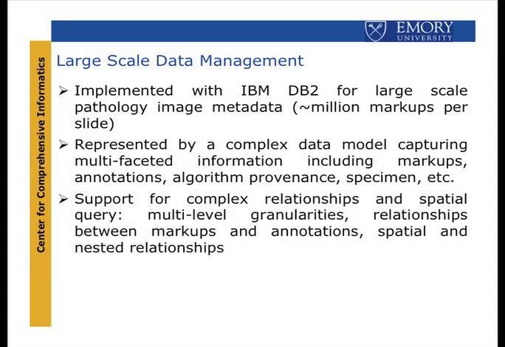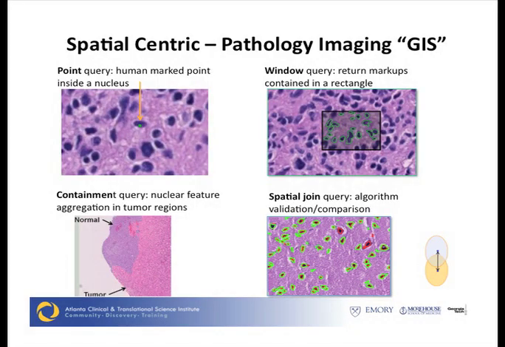Fusheng Wang, who's in my department, is a database guy who had actually worked at Siemens before that. He's a PhD in the database area. He has developed a number of tools, some involving spatial GIS databases using IBM DB2 with spatial extensions, and then worked with the team to develop a way of representing components of pathology images in a formalism that we call PAIS, pathology image archive standards or some such, and then using that to support queries, just as if one had a geographic information system.